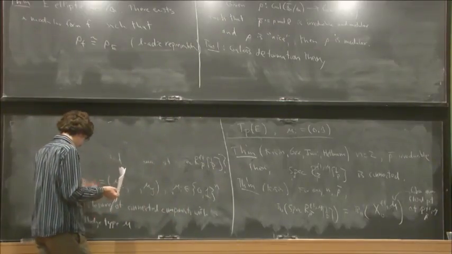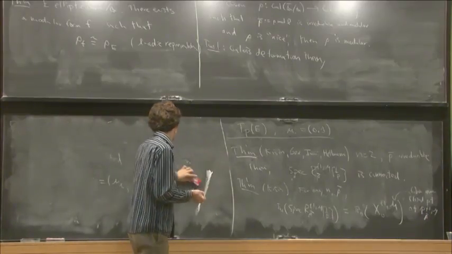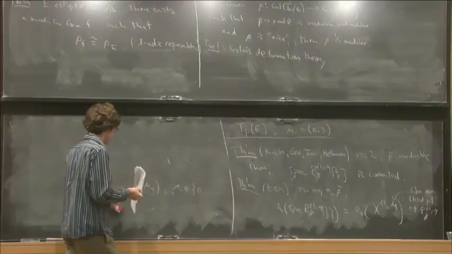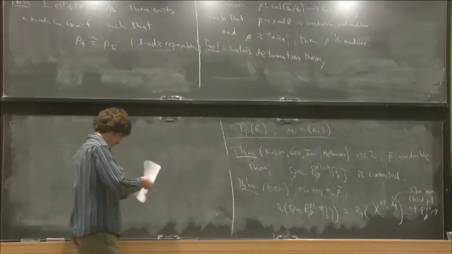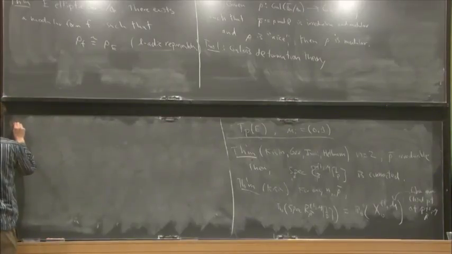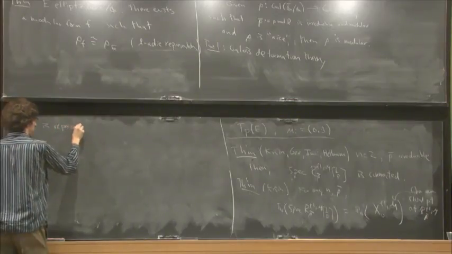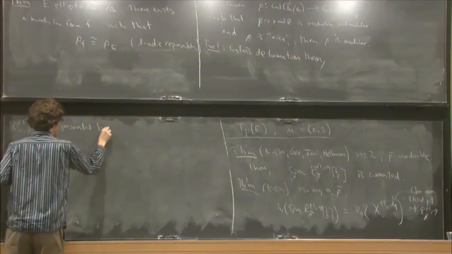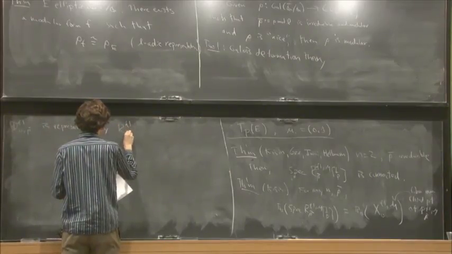All right, and so again, this is no problem. This G-valued deformation problem is again represented by some ring, which we may call R flat G rho bar.